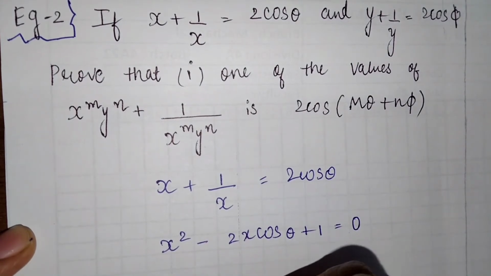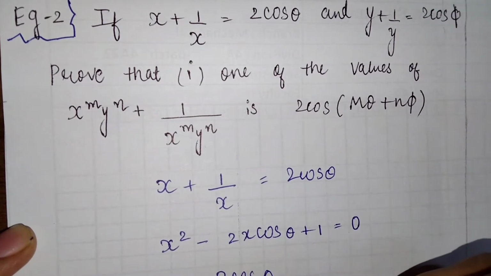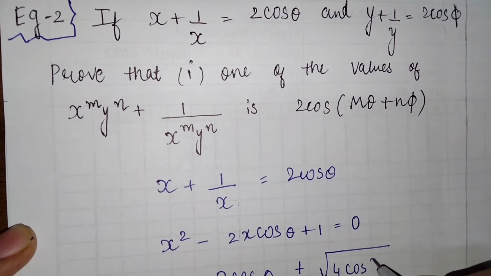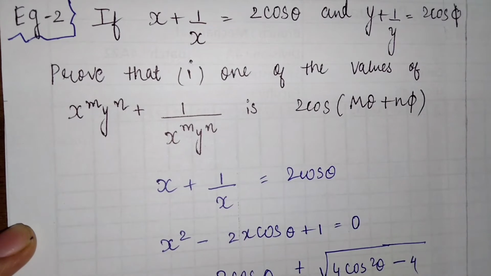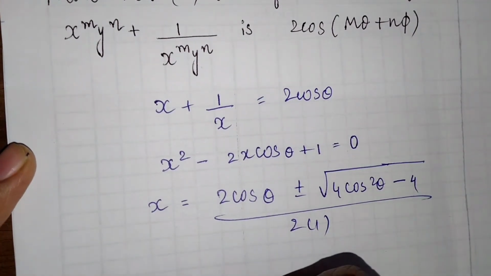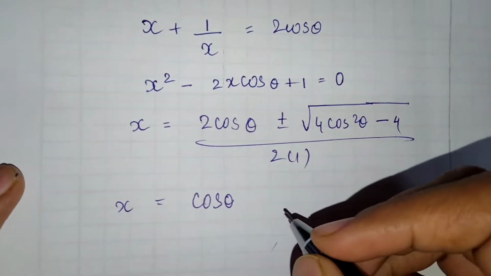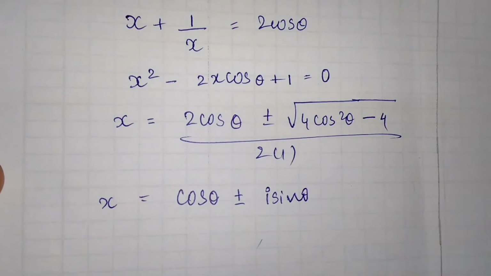So we will get x equal to, according to quadratic form, minus b plus or minus square root of b square minus 4ac upon 2a. That is equivalent to cos theta plus or minus i sin theta.